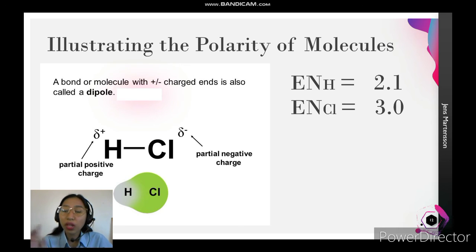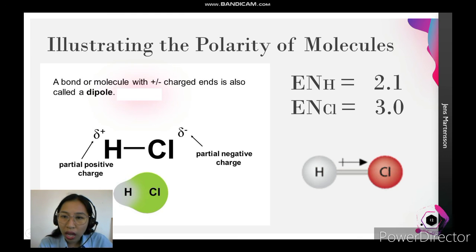Now, another way is to draw arrows. The arrow with a plus sign, like a cross, indicates that this atom is more positive. The arrowhead shows where the electrons are headed.